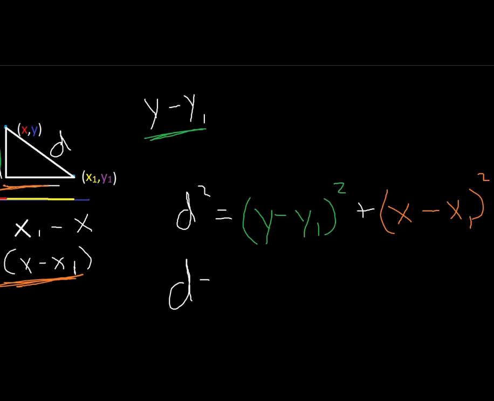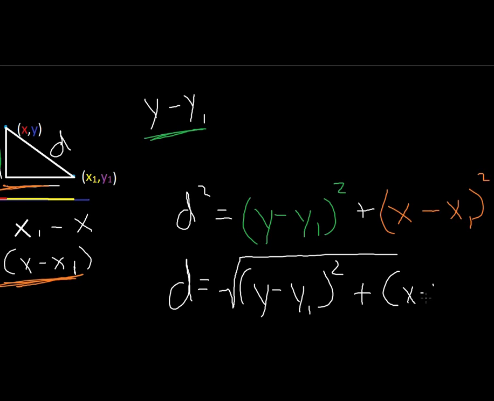D is equal to the square root of y minus y1 squared plus x minus x1 squared. And that is the distance formula. And think about how this relates to a circle as a challenge.